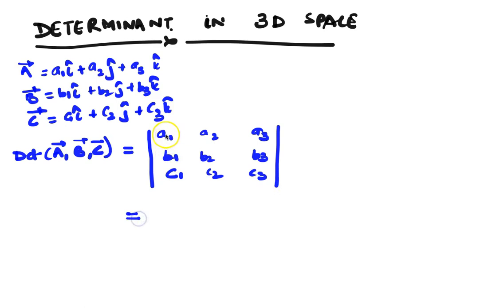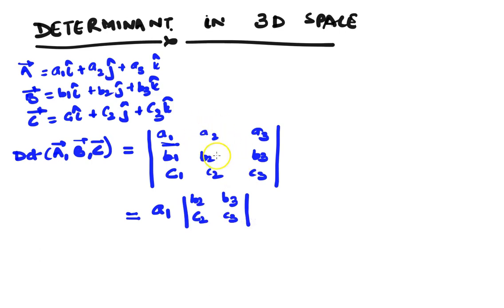The way to solve this is you take A1, you ignore the column and the row which contain A1 and take the determinant of the remaining entries, so B2, B3, C2, C3.